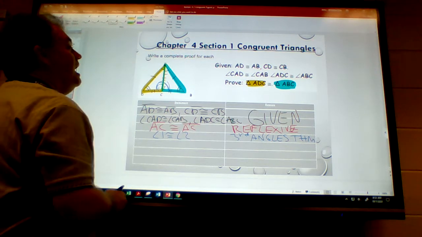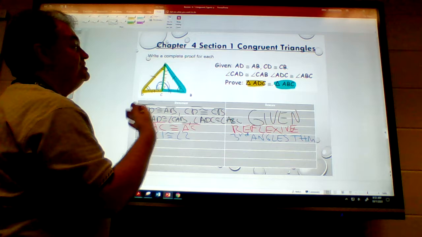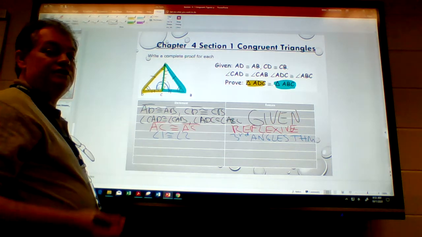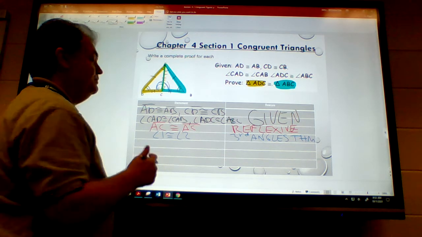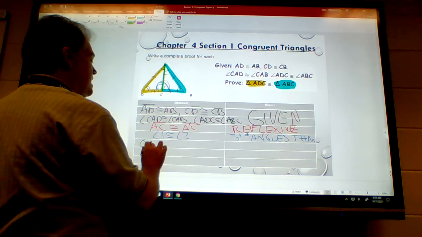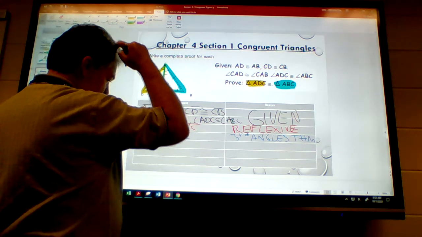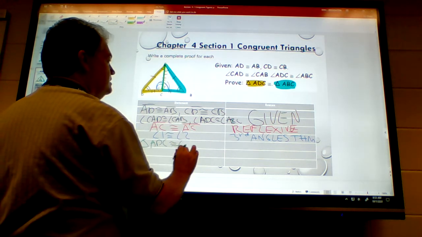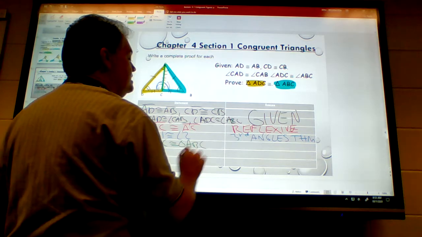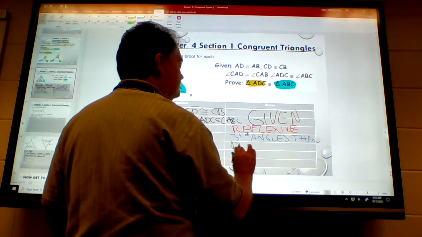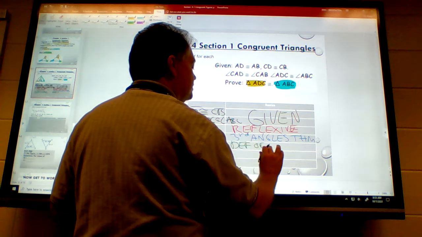So now I have enough information to prove, because I have 6 congruences. Remember, with triangles, you have to have 3 pairs of congruent sides and 3 pairs of congruent angles. So triangle ADC is congruent to triangle ABC by the definition of congruent triangles.